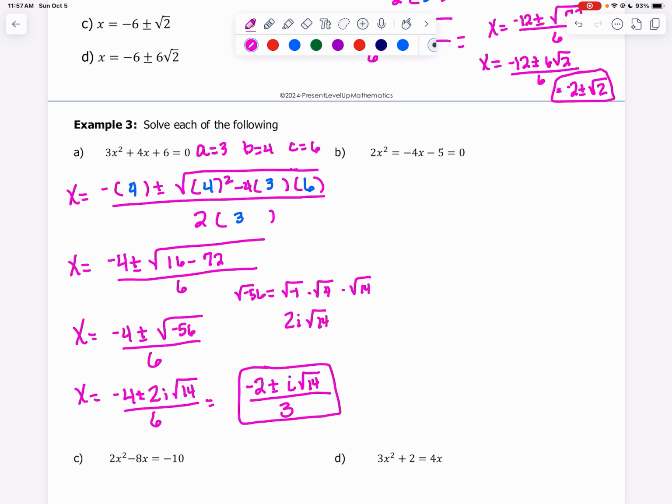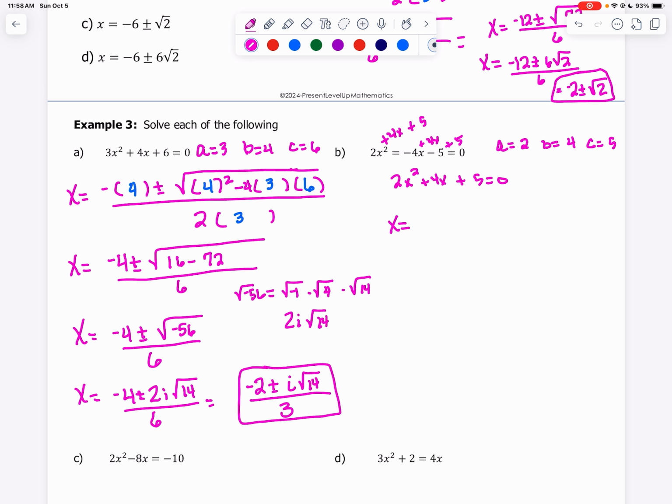Now, in this problem, we don't have all of our terms on the same side. So let's add 4x to both sides and add 5 to both sides. So this would give us 2x squared plus 4x plus 5 equals 0, which means A is 2, B is 4, and C is 5.